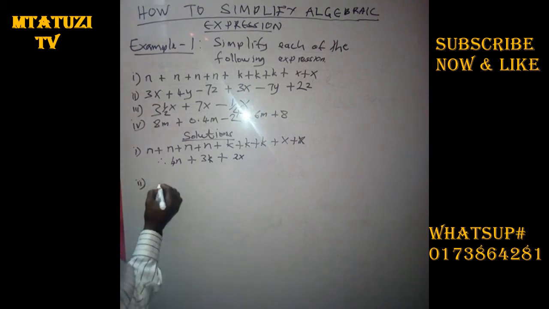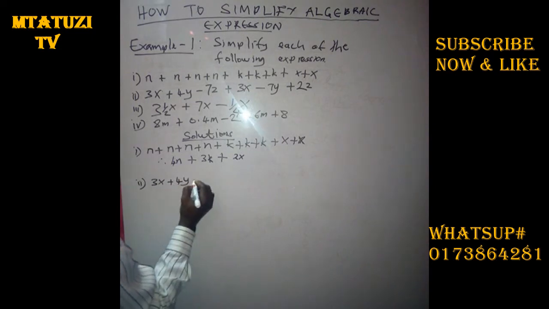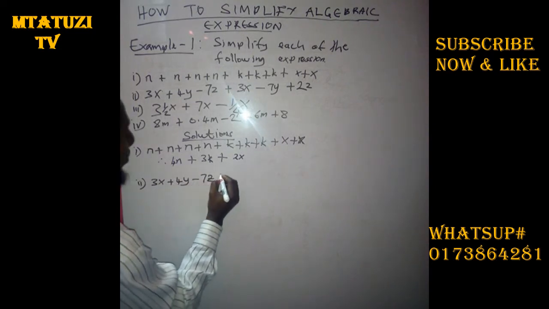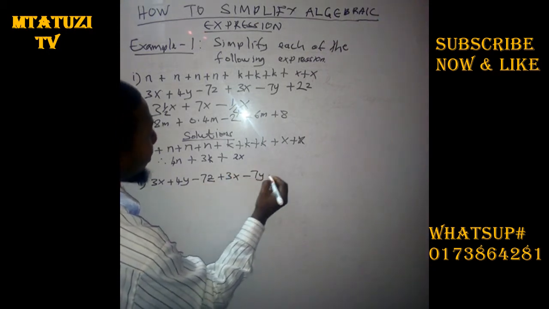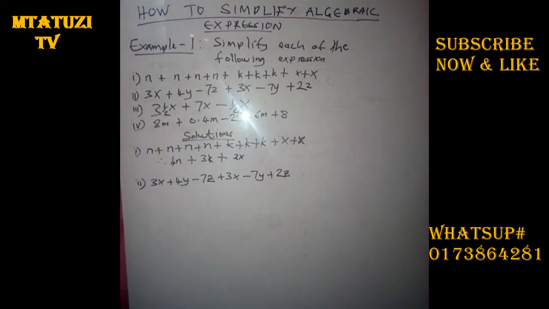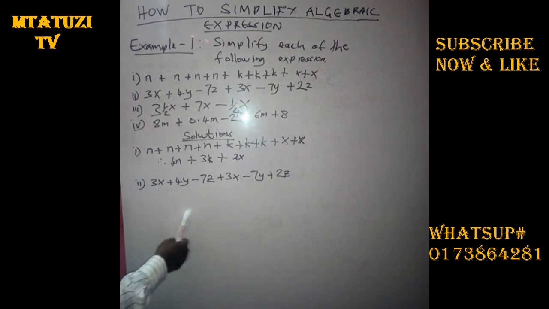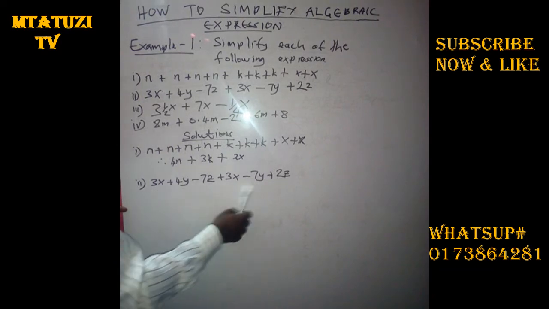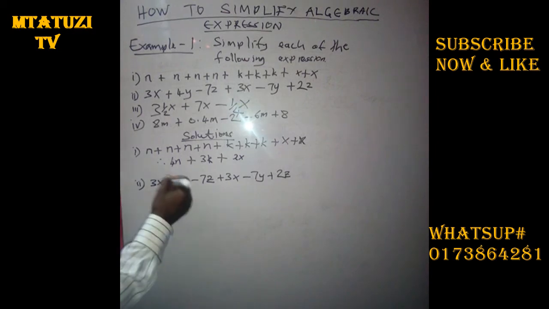Number 2, you are given 3x plus 4y minus 7z plus 3x minus 7y plus 2z. I would like to write z like that in order to differentiate it from 2. In order to simplify this algebraic expression, the first thing you are required to do is to arrange the like terms together.